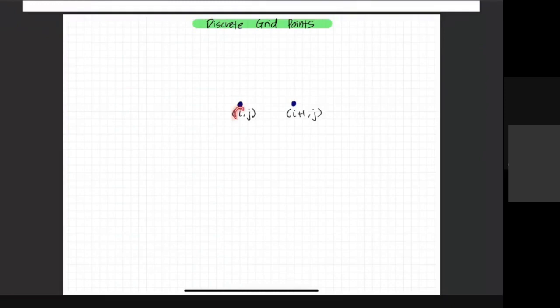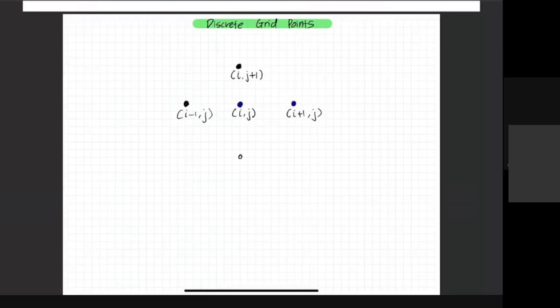Just this i is changed, i becomes i plus 1. j remains. j changes when you move up. So here i plus 1, j. For this point, i minus 1, j. For this point, i remains because i is the value of x. So just j becomes j plus 1.